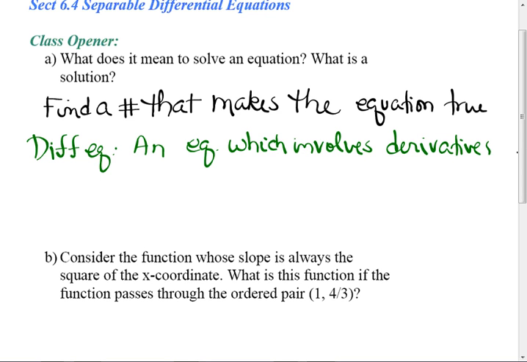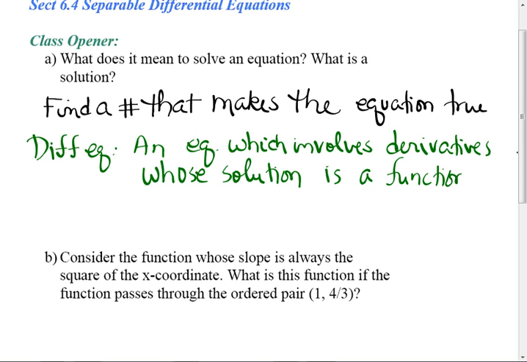Not a number. It's a function whose solution is a function. And today we will do the differential equations and we'll point them so you can see how easy it is to get 4. The 5th point is tough.